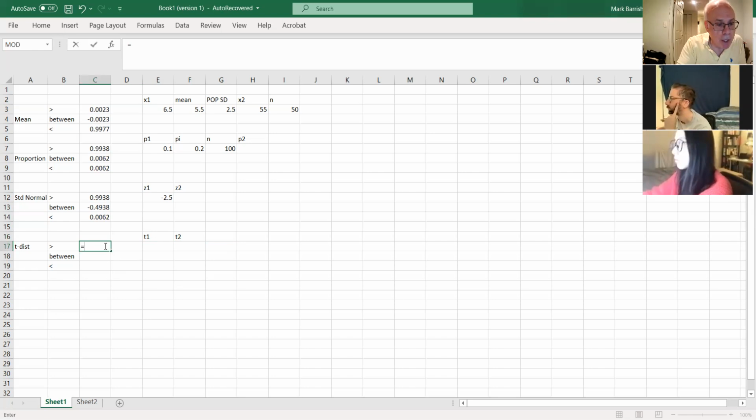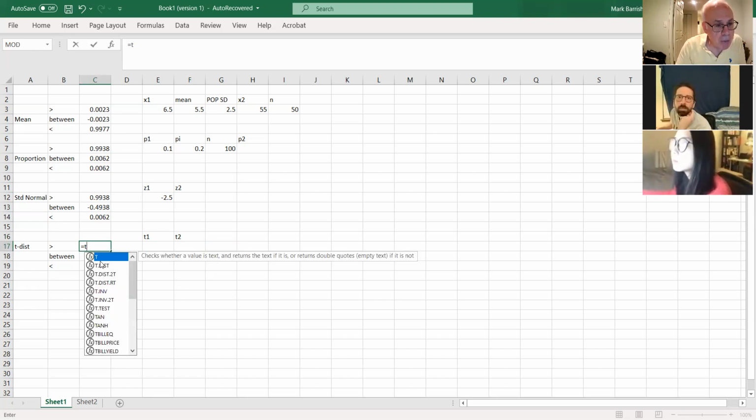We're going to do equal, and I'm going to type in T. And there it is, T distribution. See it? Now they do have 2 tails and right tail and left tail. I would just stick with the T distribution. If you want to use 2 tail, you can, but you've got to be careful. Maybe we should just use T distribution for now.